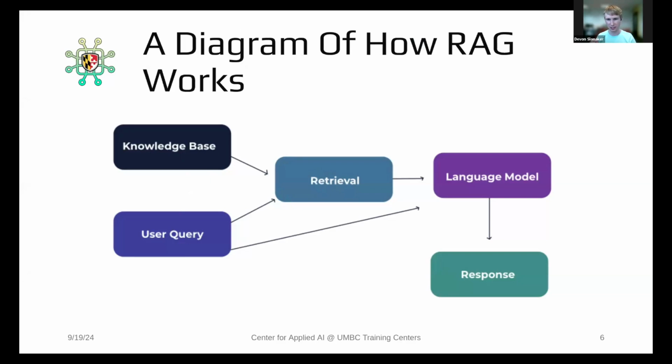It goes into the retrieval process, and the user query is embedded into a vector embedding, a stream of numbers, and compared to various points within the vector database to pull out the most relevant information related to the query. Then the user query and the result from the retrieval process, the most relevant document, are given to the language model for a personalized response.